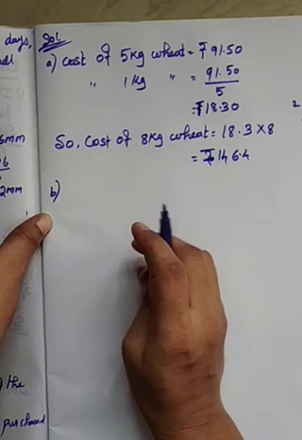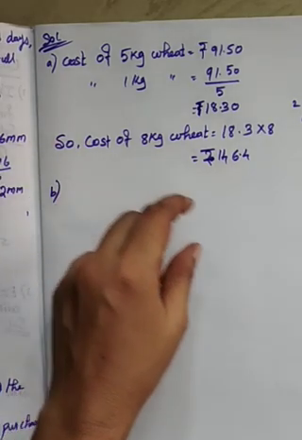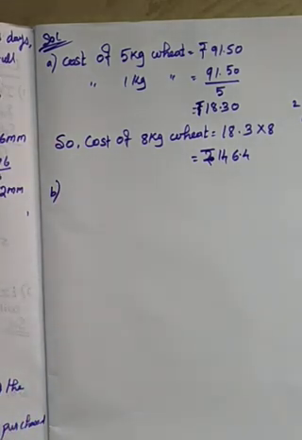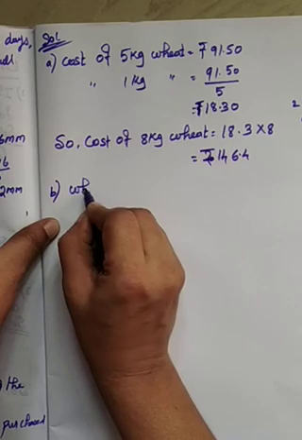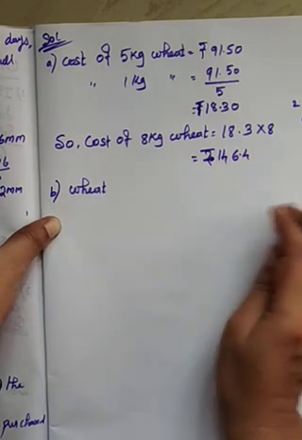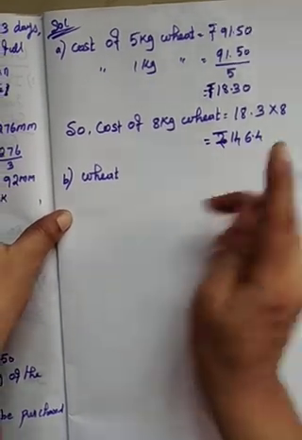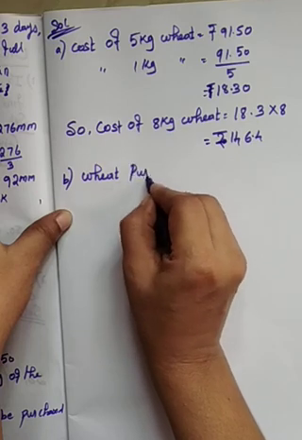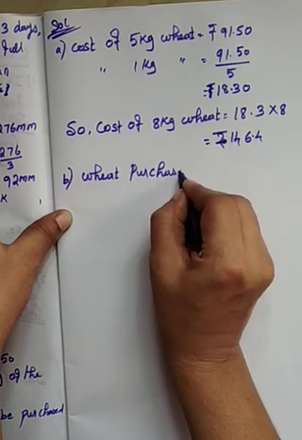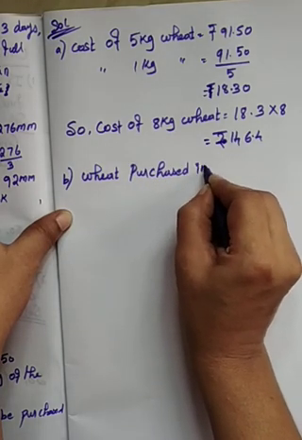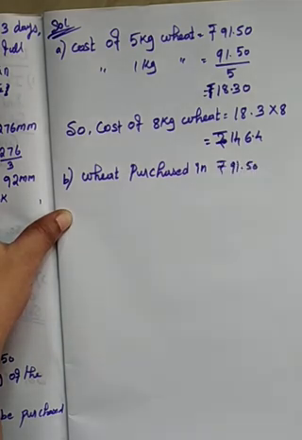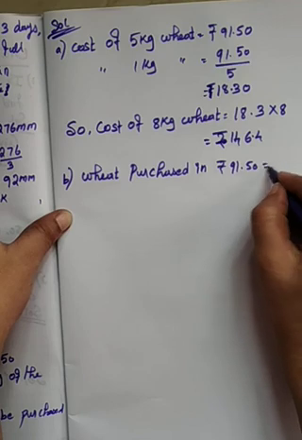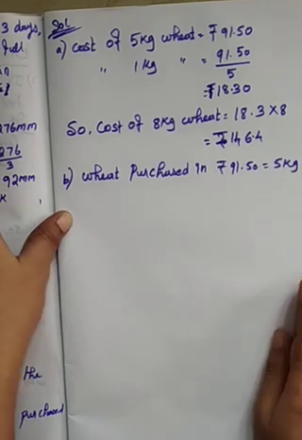So next you have to find what purchase. That means what is the question? What quantity of wheat can be purchased in rupees 183? So here you can write wheat purchased in rupees 91.50 equal to 5 kilogram.